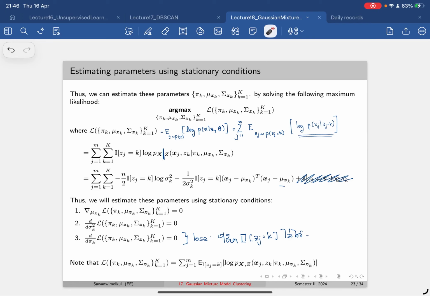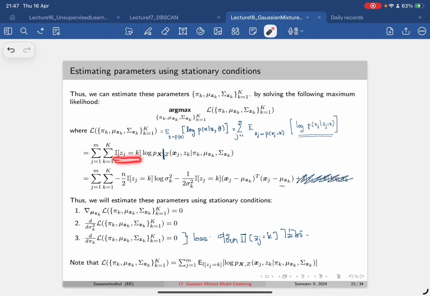And finally, once we have this term, what I did here is that I copied this line into this one. That log of probability of x given z is still the same, except that this time the expectation is decomposed into this indicator I of zj equal to k. It's actually similar to pi notation. There's a reason why I tweaked this, but that's okay.